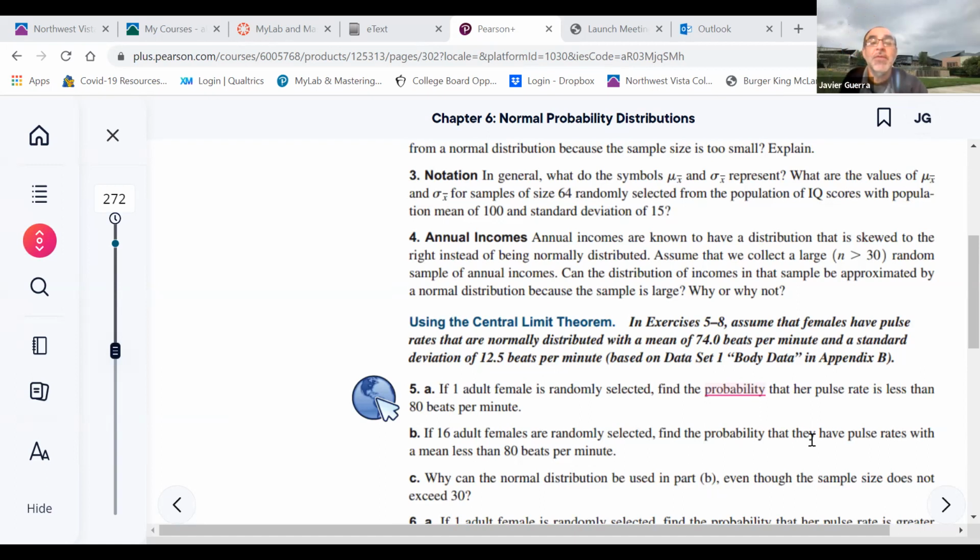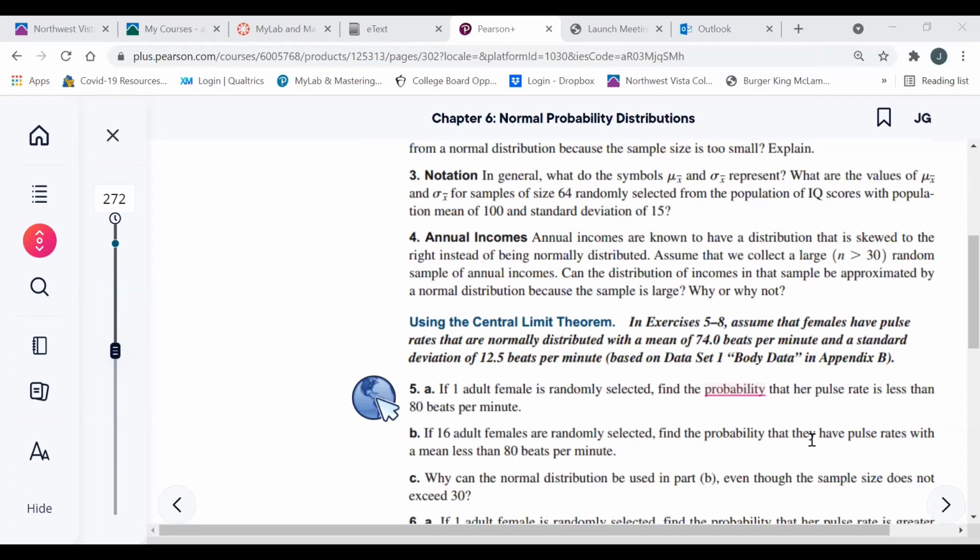Okay, now let's do number 5. It says, if one adult female is randomly selected, find the probability that her pulse rate is less than 80 beats per minute. Just by me reading that statement, how many samples are conducted in number 5? Is it one or multiple? One. Why is it one?